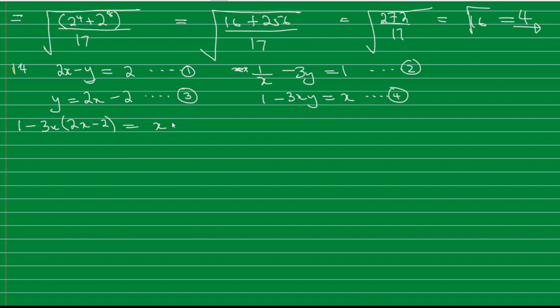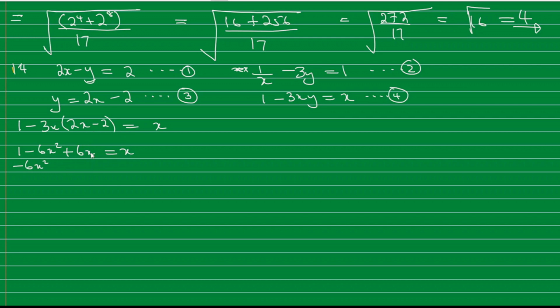So we are going to solve this one, which will give us 1 minus 6x squared plus 6x is equal to x. You can see that this one has led us to a quadratic equation again. So we need to express this one in standard form. That will give us a negative 6x squared. I'm writing the leading term, negative 6x squared, first, then followed by the coefficient of x.